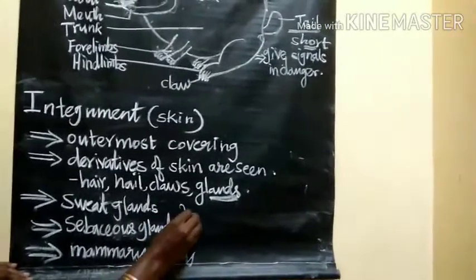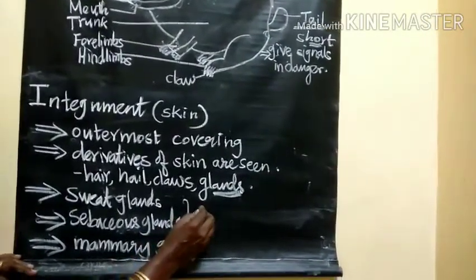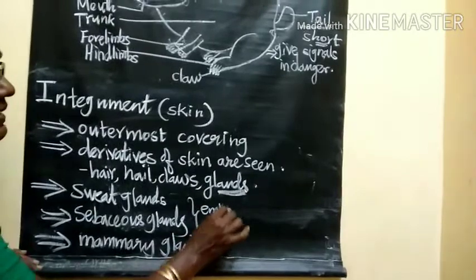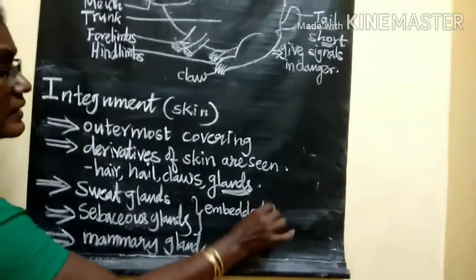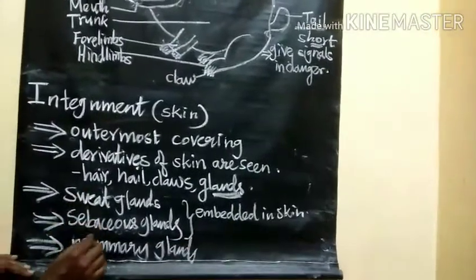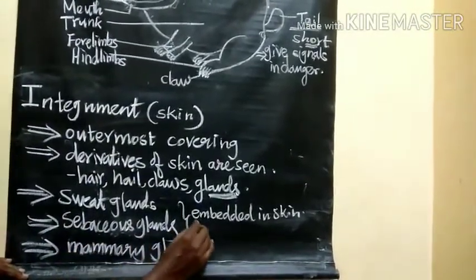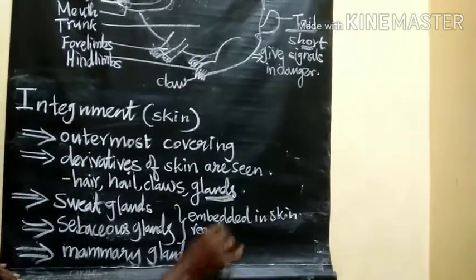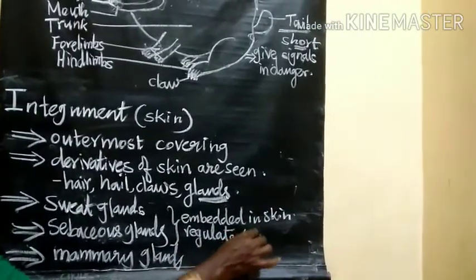The sweat glands and sebaceous glands are embedded in skin. What is the function of sweat glands and sebaceous glands? They regulate the body temperature.